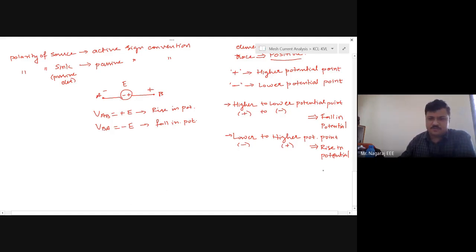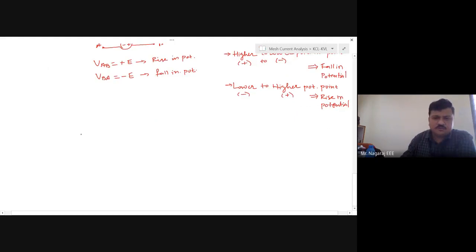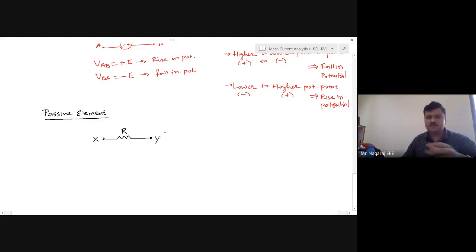But when it comes to a passive element, suppose I have a resistor. Let this be R. Let me take different terminologies, X and Y. A and B I have taken for the source.